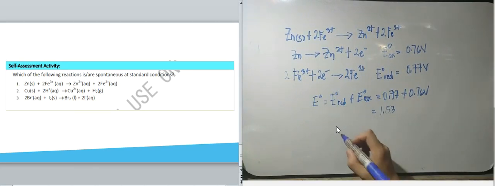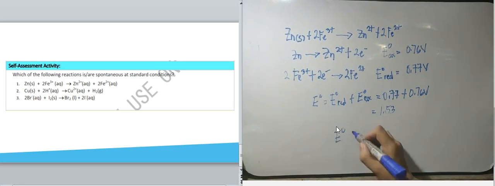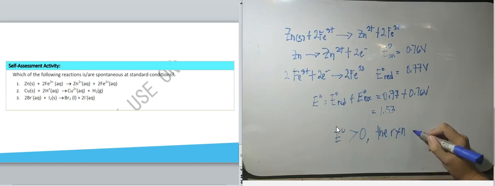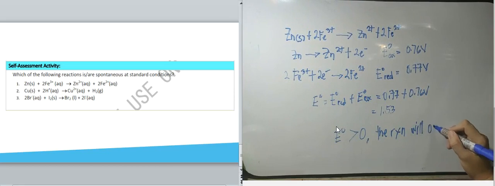And we can observe that our standard electrode potential is greater than 0. Therefore, the reaction will occur. So the reaction will occur at standard conditions. Standard conditions means at 25 degrees Celsius and at 1 atmosphere.